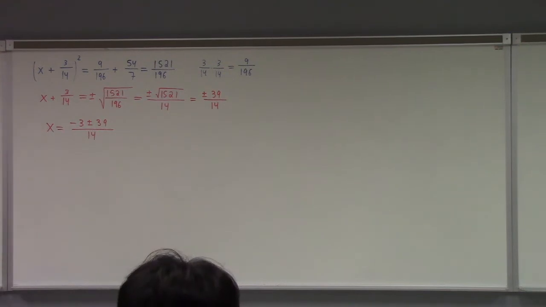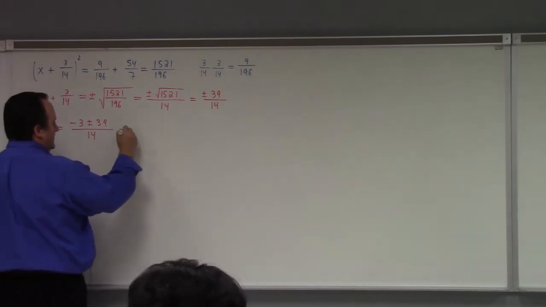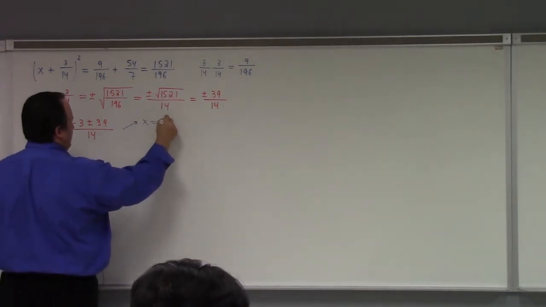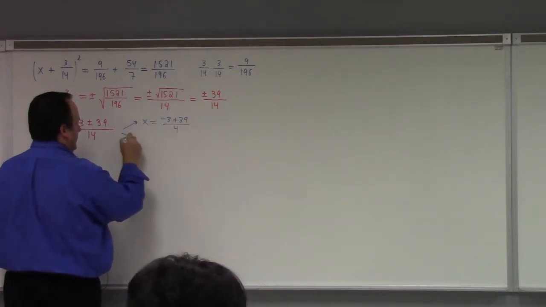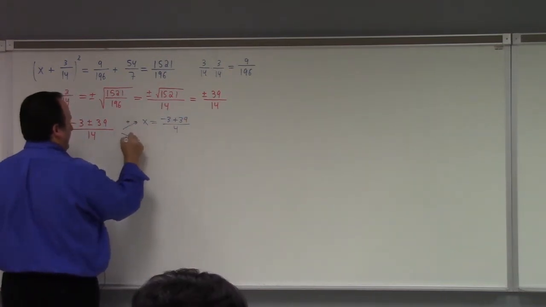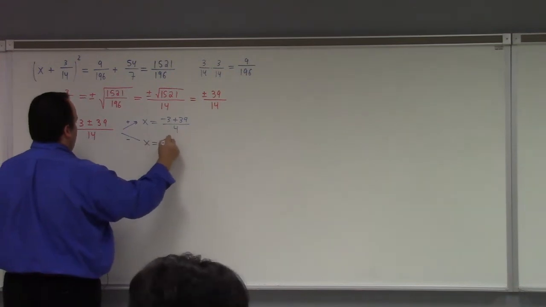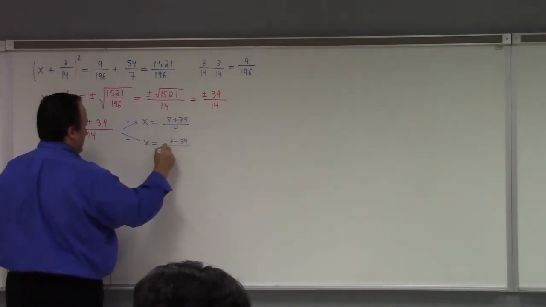Now we can do better, right? So this gives us two cases. What are the two cases? x equals minus 3 plus 39 over 14, or x equals minus 3 minus 39 over 14.